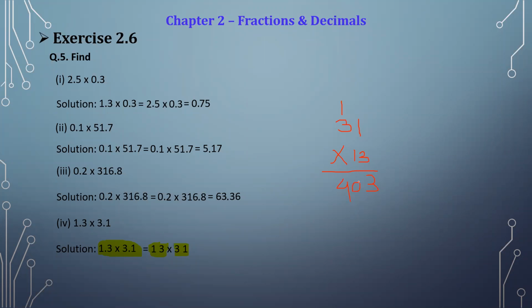So therefore 403, which is the product of 13 into 31. Now here we have to consider the decimal points.